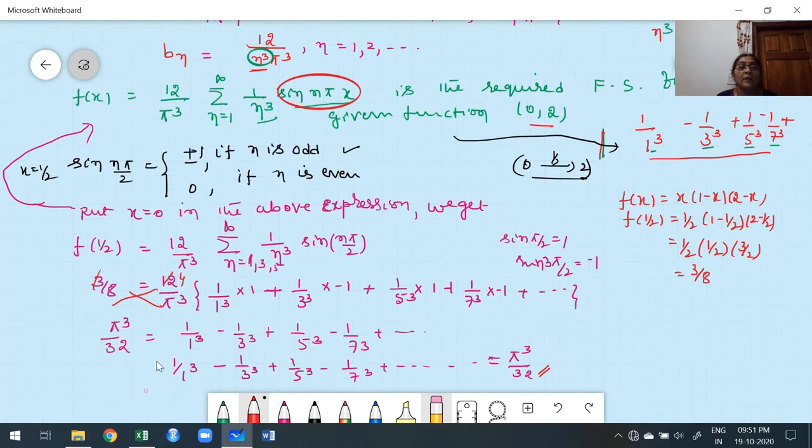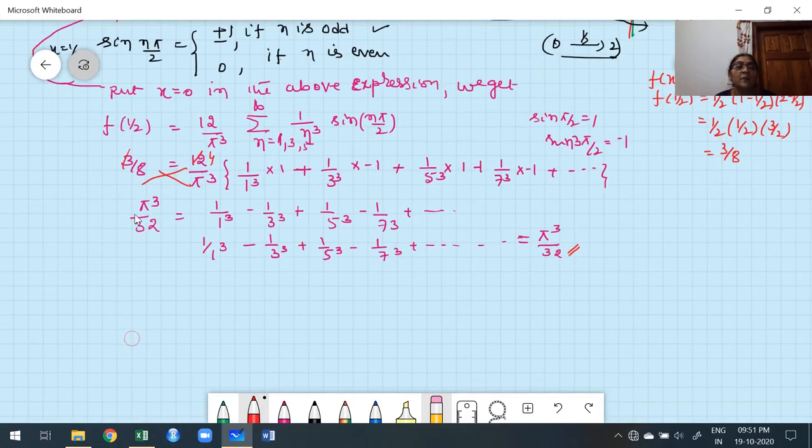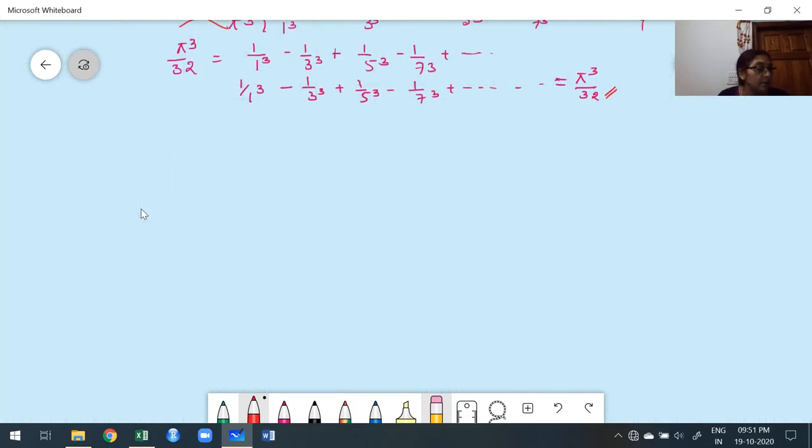Now automatically we get what they have given: the sum of the series 1 by 1 cube minus 1 by 3 cube plus 1 by 5 cube, etc. What we get after the simplification; simultaneously I have to find f of pi by 2 from the given function. Half into 1 minus half, 2 minus half, simplify that, what we get actually is 3 by 8, simplify, we get pi cube by 32. Now it's clear for this.